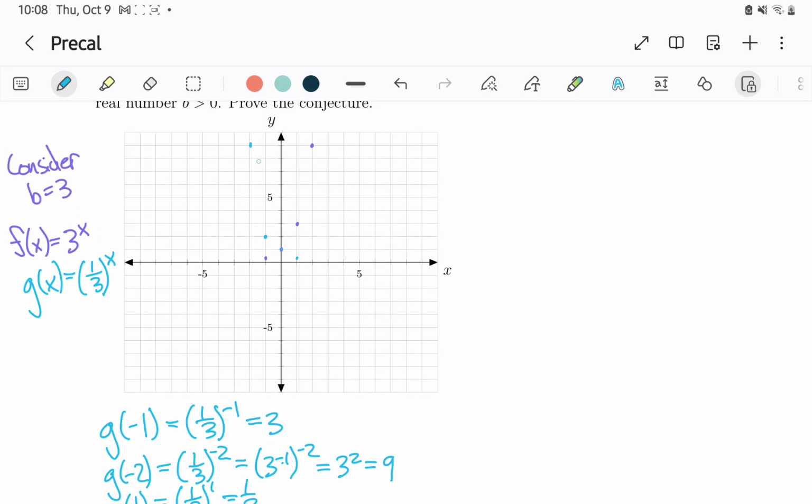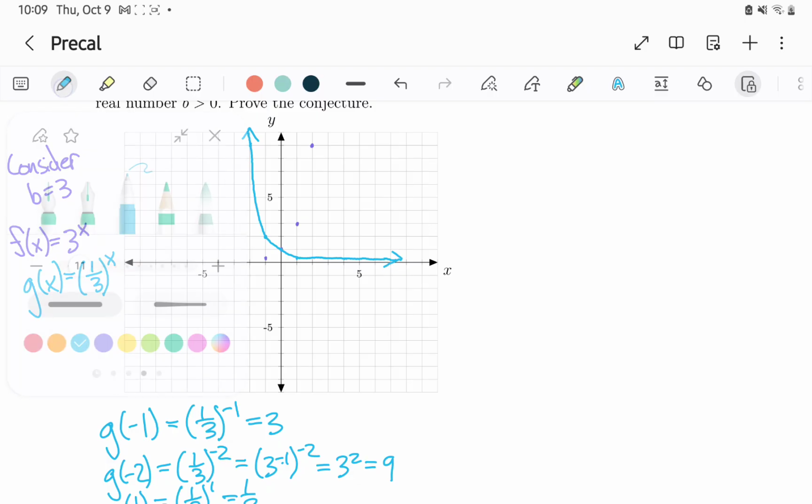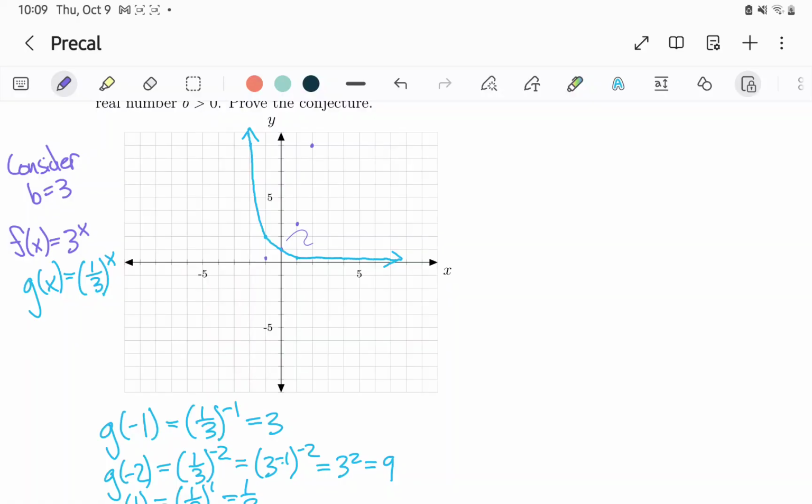All right, and so now we'll sketch the graph of g in blue and the graph of f in purple. All right, so there's our graph of g, then our graph of f.